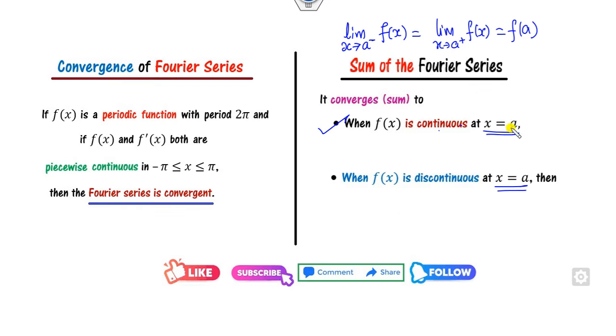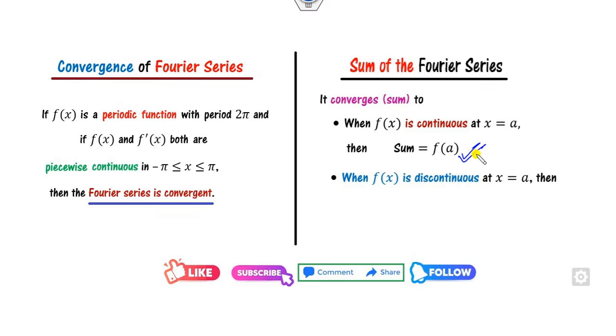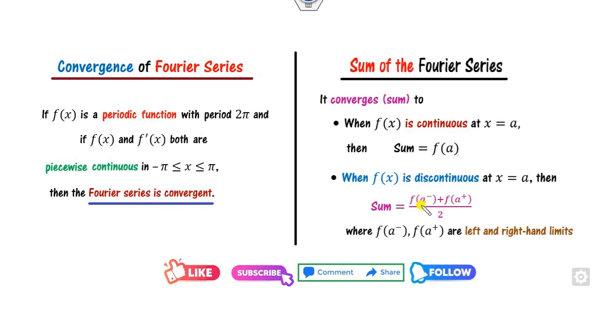If the function is continuous, then the sum will be f(a). If the function is discontinuous, then the sum is the average of f(a negative) and f(a positive), where a negative means the limit as x approaches a from the left of f(x), and a positive is the right hand side limit.